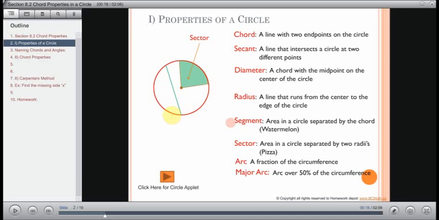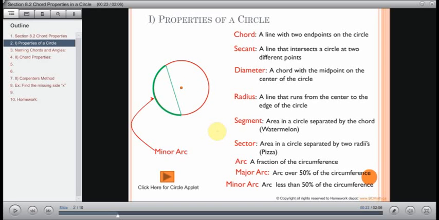If I went from here to there, it covers more than half the circle, so that would be a major arc. A minor arc covers less than 50% of the circle, like from here to there. So the minor arc would be that green one, and the major arc would be the blue, more than half the circle covered by it. Just some words that you may come across.